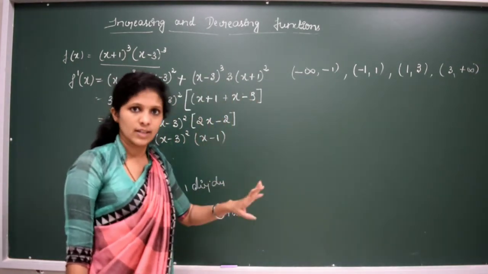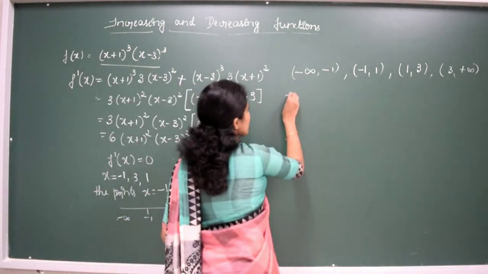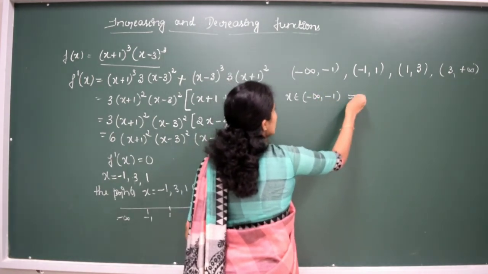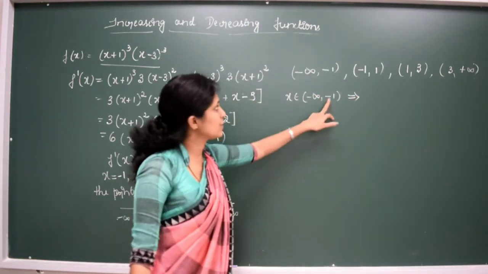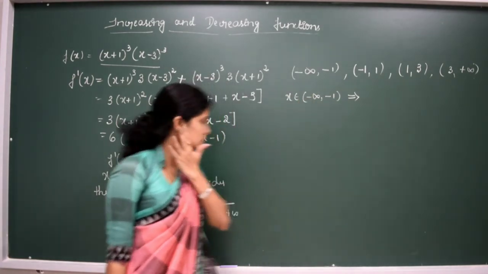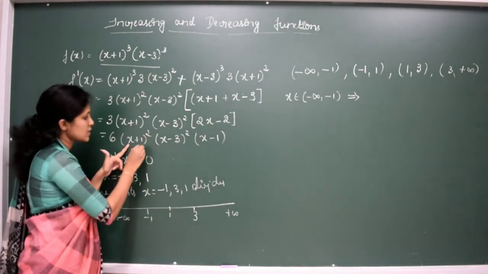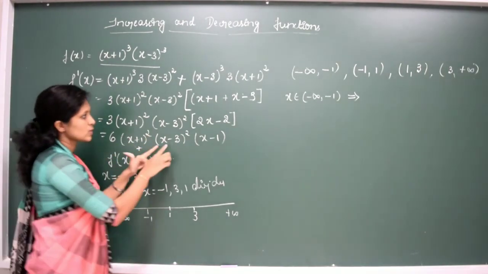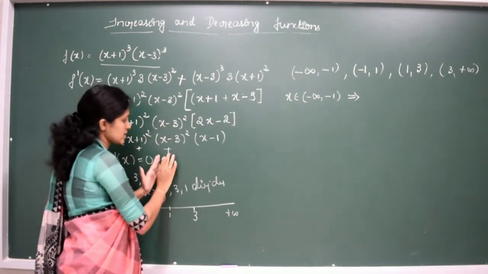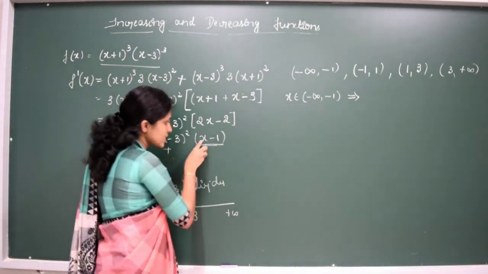Now you have to check where the function is increasing and where it is decreasing. Suppose x belongs to −infinity to −1, meaning all the values less than −1. We'll consider −2. The squares will be positive, so we need to check only x − 1, which is −2 − 1 = −3.